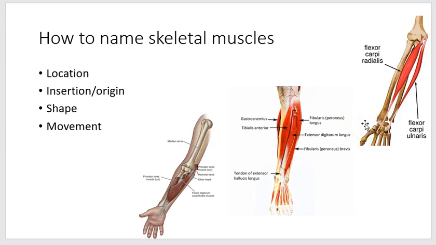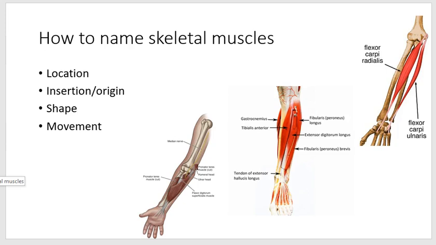So it's going to flex the wrist, and it's found along the radial bone, flexor carpi radialis. And then, of course, here you have flexor carpi ulnaris doing the same thing, flexing the wrist, but on the medial side, on that ulnar side. Here's another one, tibialis anterior. This is just telling you it is anterior to the tibial bone, or the tibia.